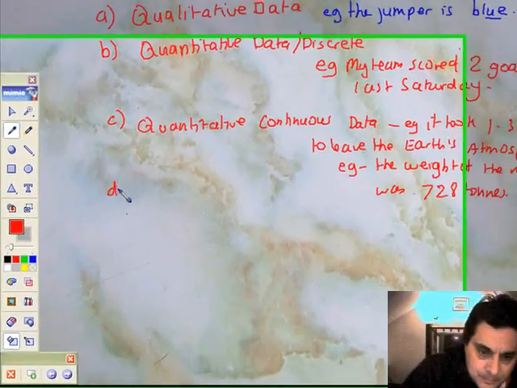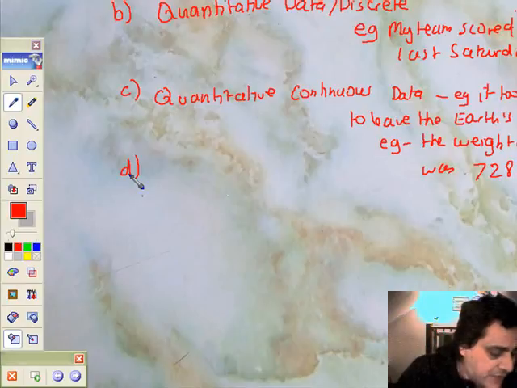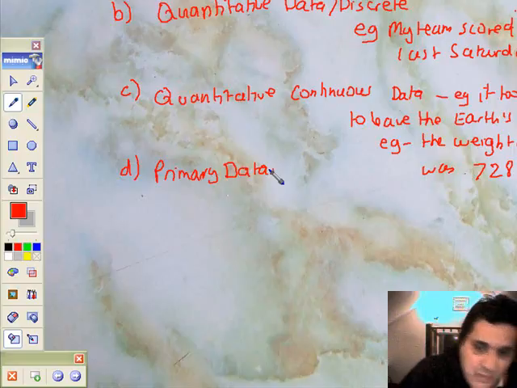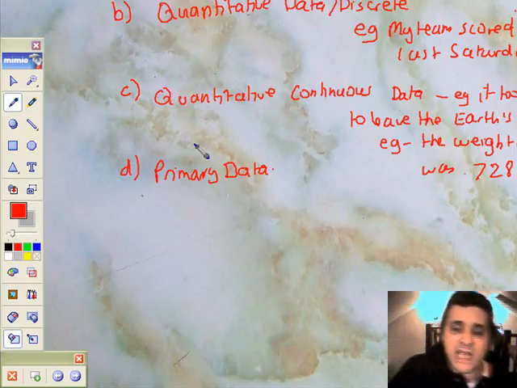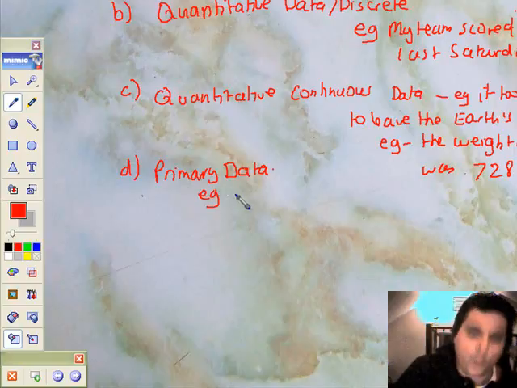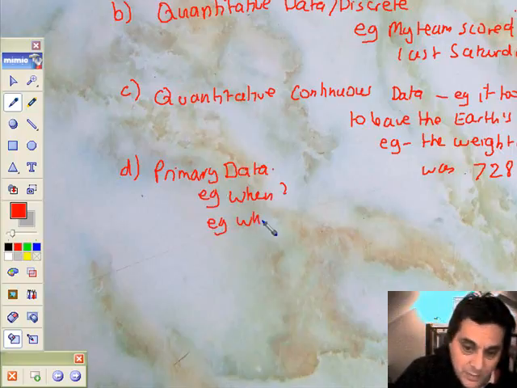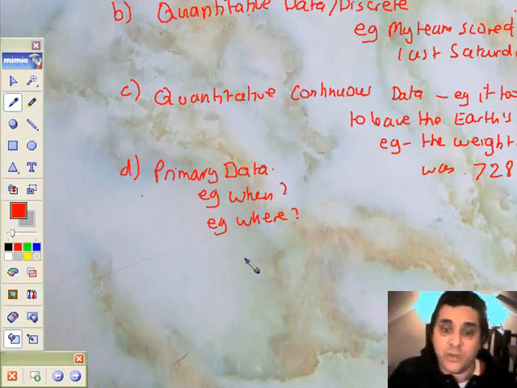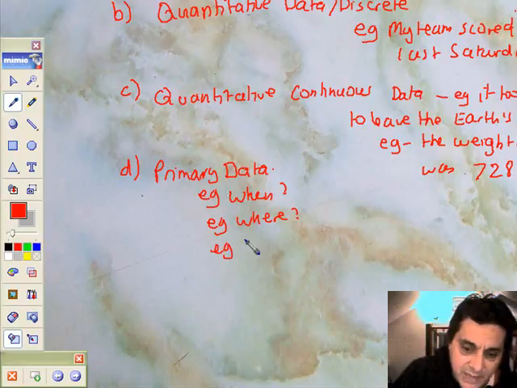D, primary data you might collect about your maths homework. Primary data does not have to be numbers. It could be things like, when do you do your maths homework? Where do you do your maths homework? And if you want to get quantitative with your investigation, you can say, how long do you spend on your maths homework?